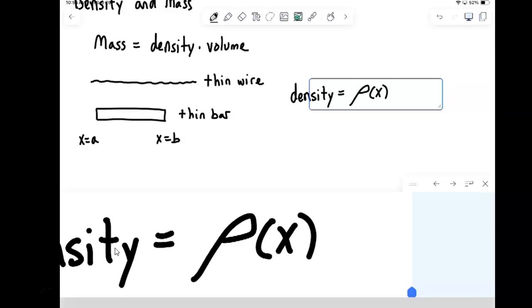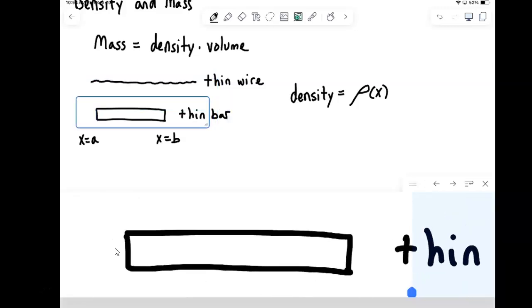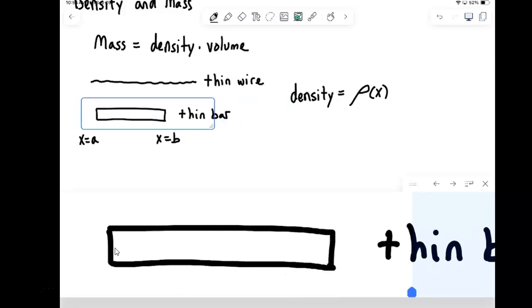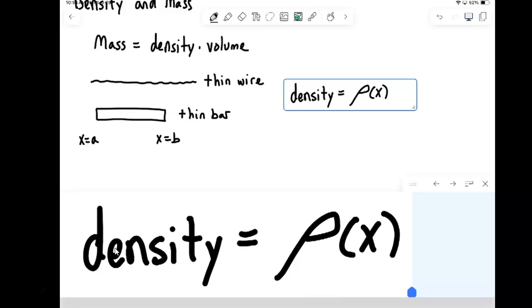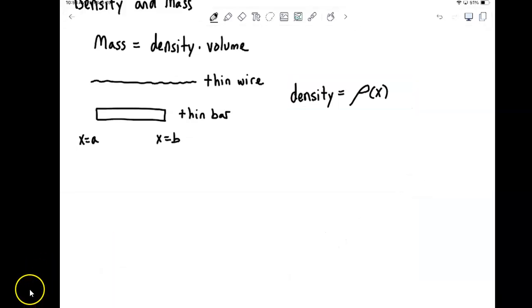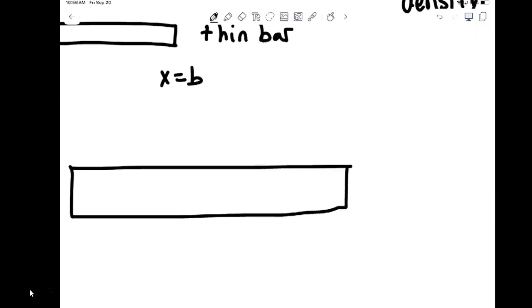So our task begins: if we have a wire where its density changes as you move along the wire, or a thin piece of metal where its density changes as you move along the length, then we want to be able to compute the mass of that object. That becomes our task. So to compute the mass, we again think in terms of a thin bar, a piece of metal or a piece of wire.